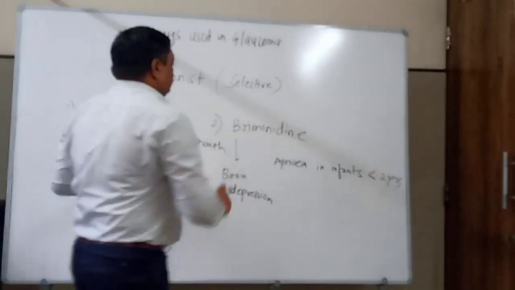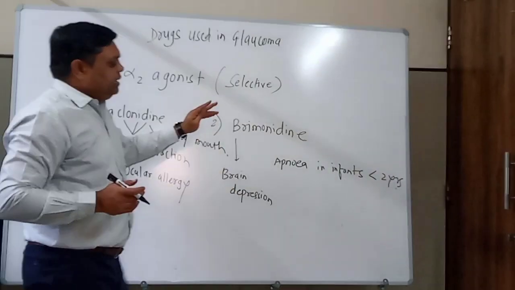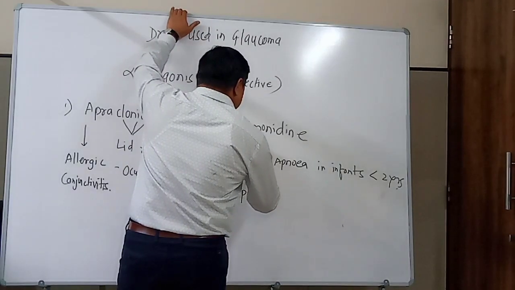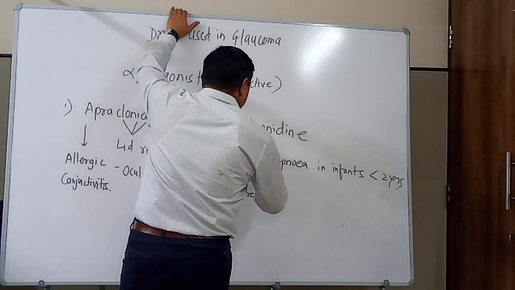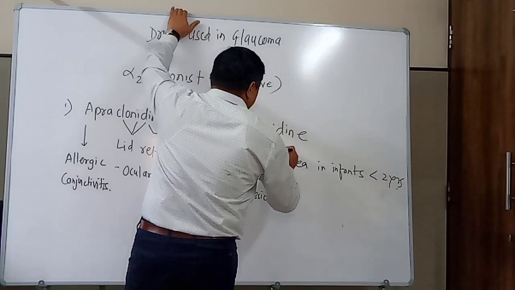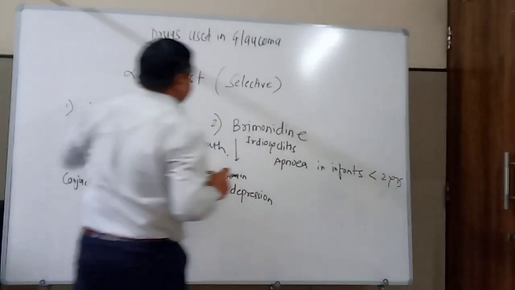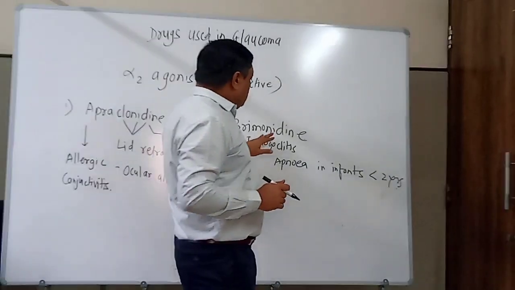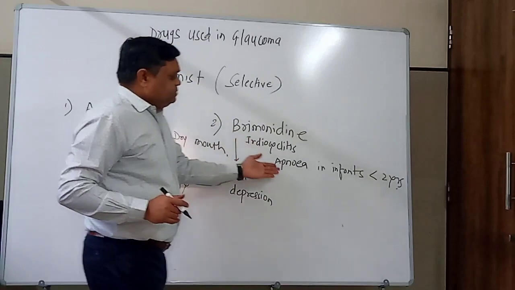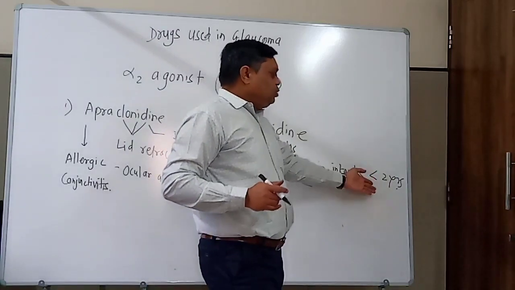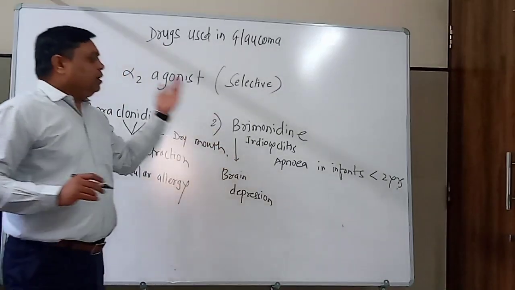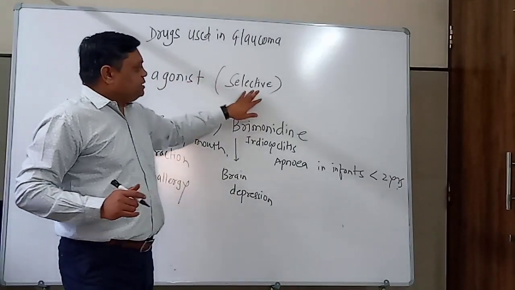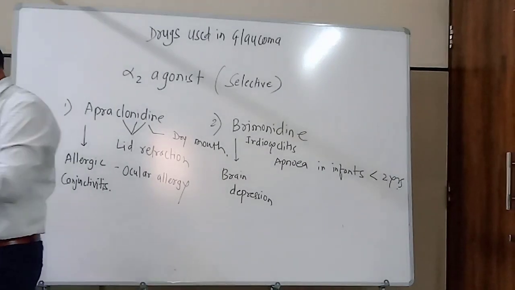So brimonidine is contraindicated in infants less than 2. This I for iridocyclitis. B for brain depression, I for iridocyclitis, and brimonidine produces apnea in infants less than 2 years, so it is contraindicated in infants less than 2 years. This is all about alpha 2 agonist, that is selective alpha 2 agonist.